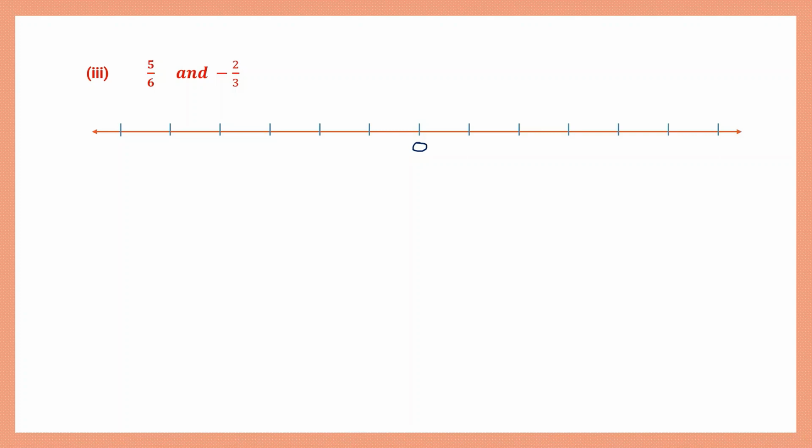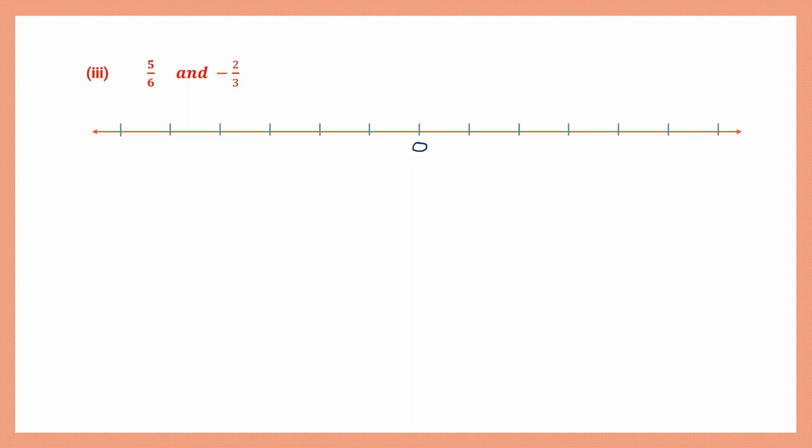Now on the right side we have positive numbers, so let's look at the number that is positive in the question given to us, 5 by 6. So the denominator is 6. That means we are going to have 6 parts here before we reach 1. So let's see, 1, 2, 3, 4, 5, 6. So this is where you will have 1. So between 0 and 1 there are 6 parts.